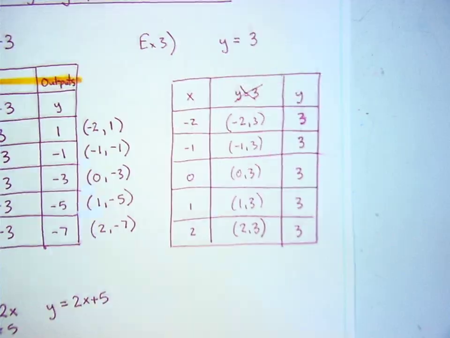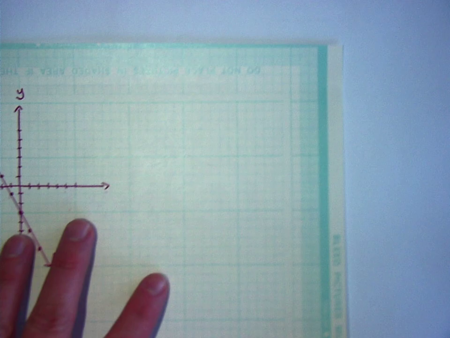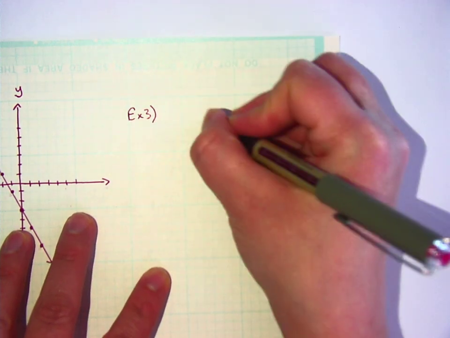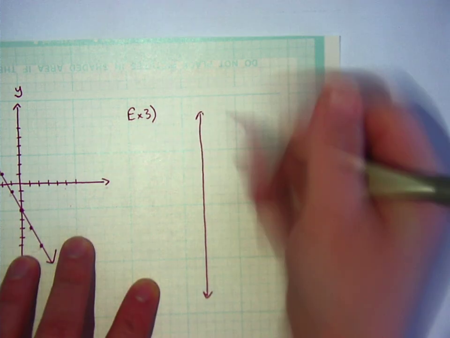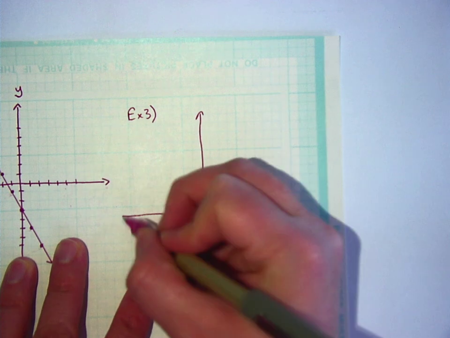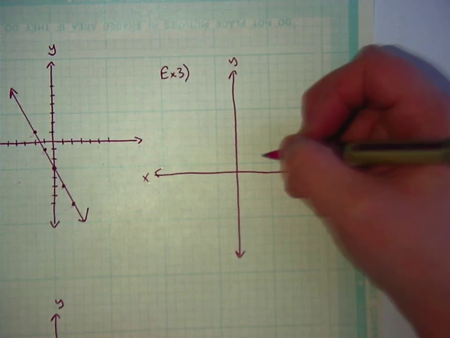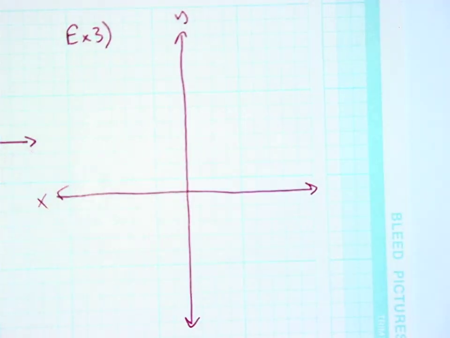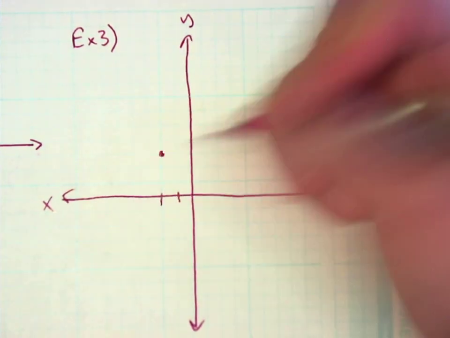Okay, so I'm going to go back here on the back, and I'm going to write example 3. When x is negative 2, y was 3.